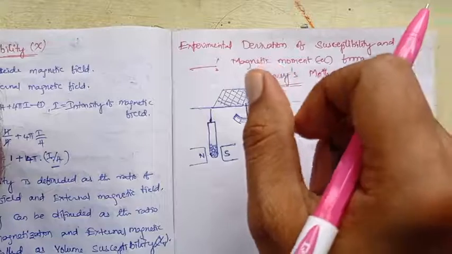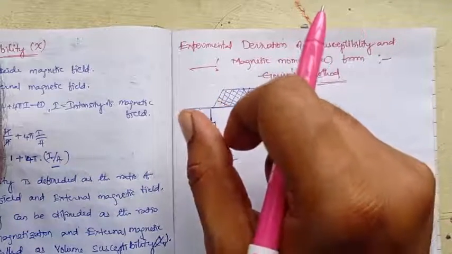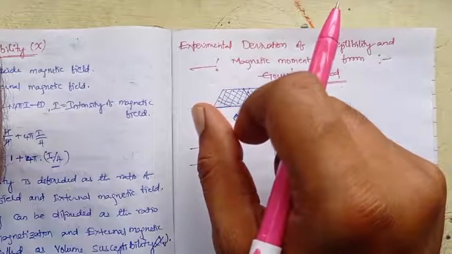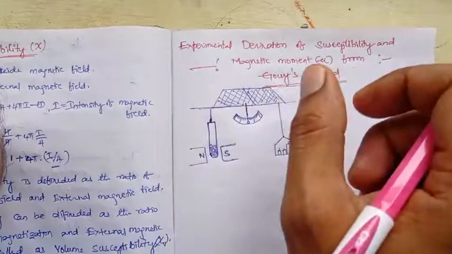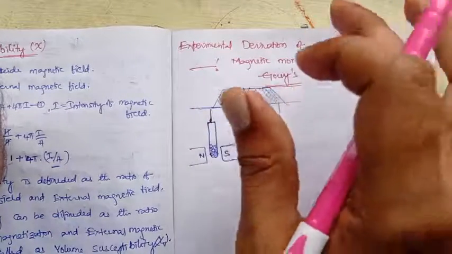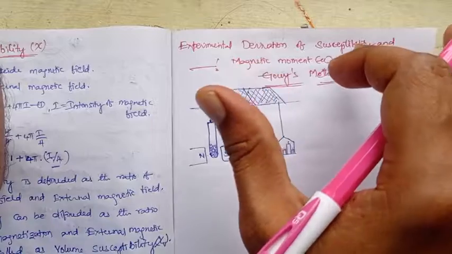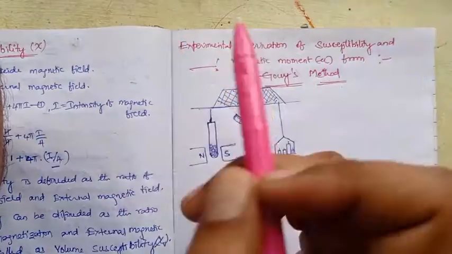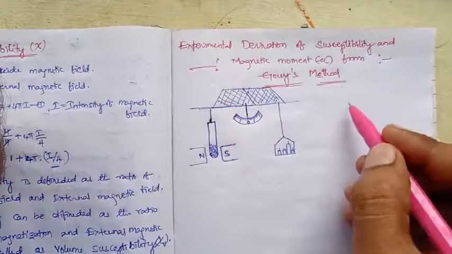In modern days it may not be seen, but in the older days, there would be a two pan balance in vegetable markets, right? There will be two pans hanging in one balance.